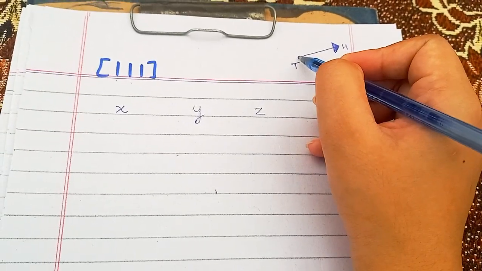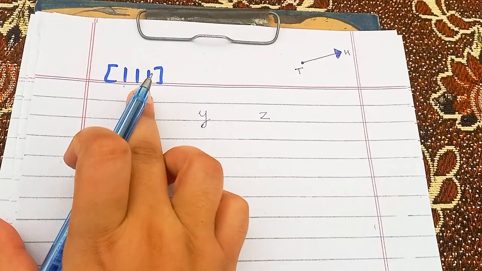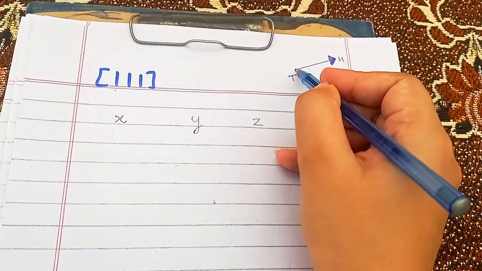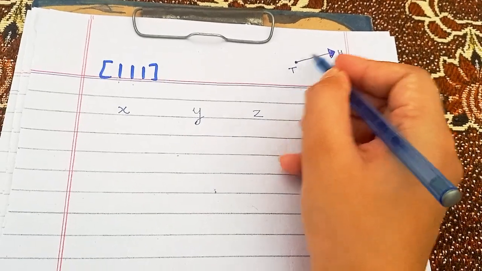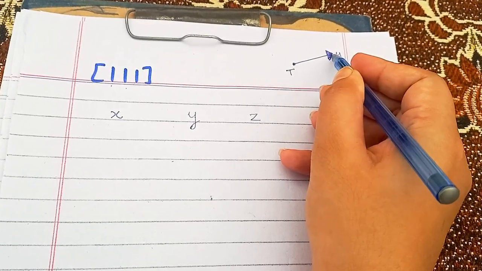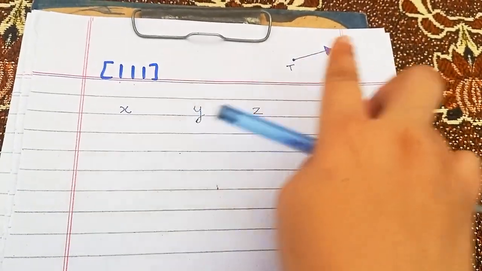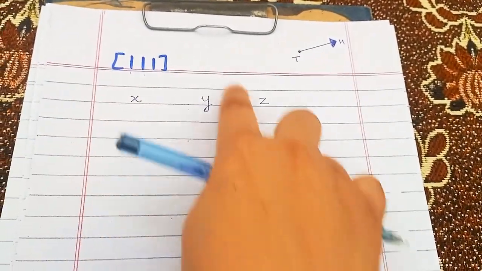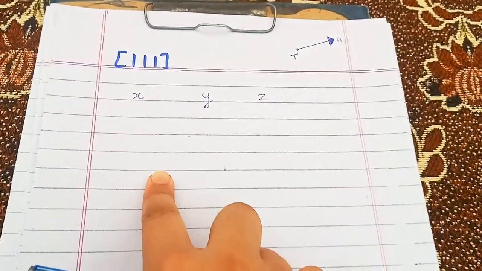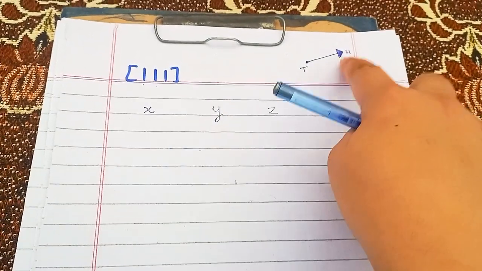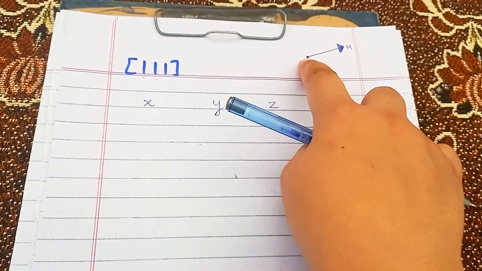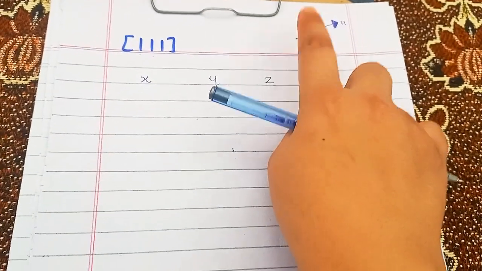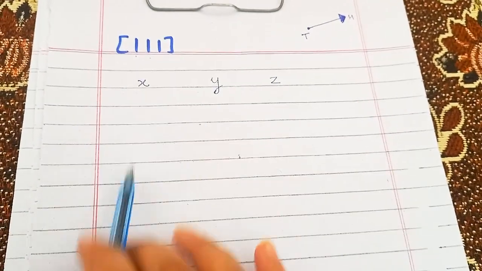Okay, so the direction that we are going to draw will have tail at origin of the unit cell and its head will be determined from the Miller indices. Okay, the process that we are going to do here will give us the coordinates for the head of the direction while the tail will be at origin. All right, so let's find out the head coordinates.